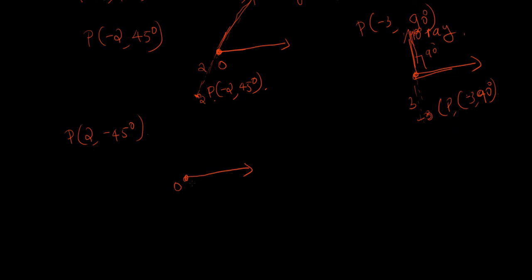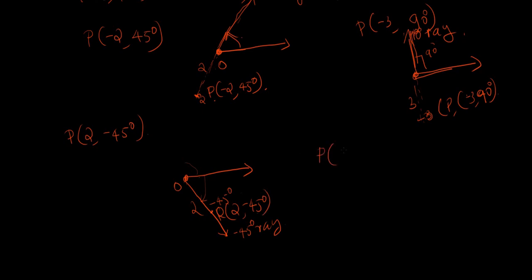If it is positive, then we measure it counterclockwise, that is anti-clockwise. So this is the clockwise direction, we have to measure 45 degrees. This is -45 degrees. On this -45 degree ray, measure the distance from this point. r is 2. Then this point is referred to as P(2, -45°).